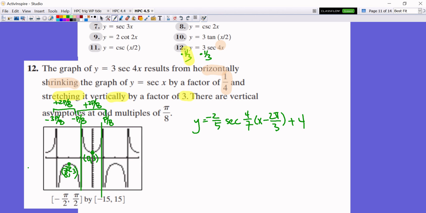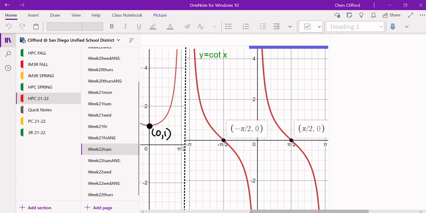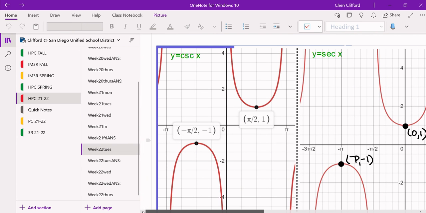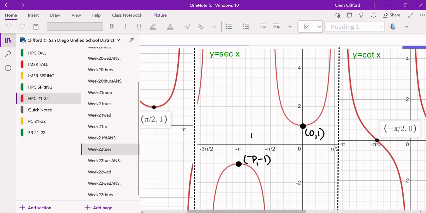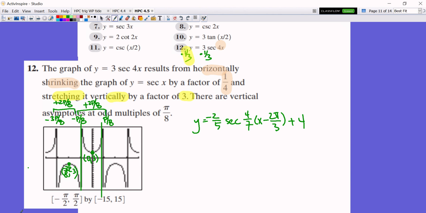Okay, so our secant parent function right here has minus pi over 2 and positive pi over 2 as our original parent function vertical asymptotes. Okay, but since we multiply it by 1/4, it goes from pi over 2 to pi over 8. Let me show you that in blue here.